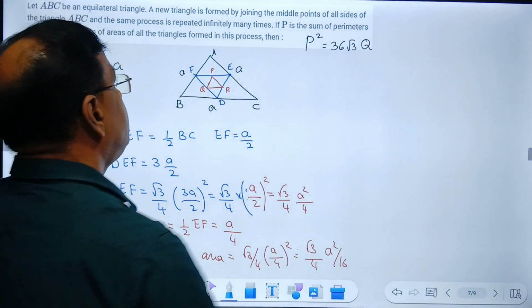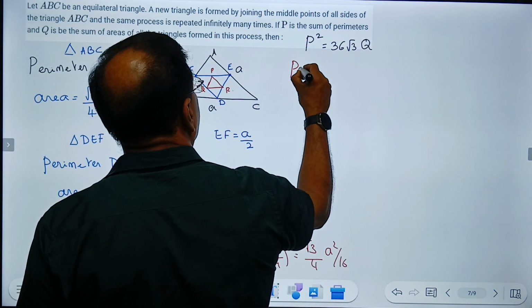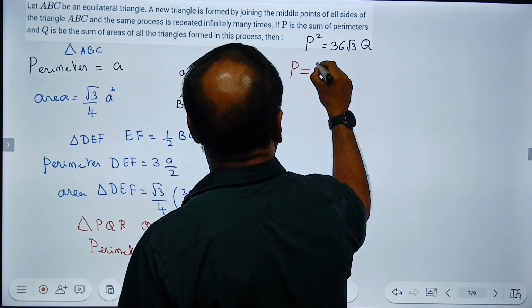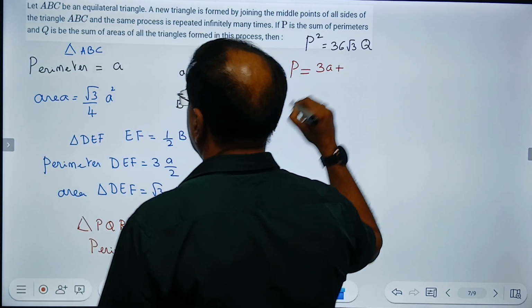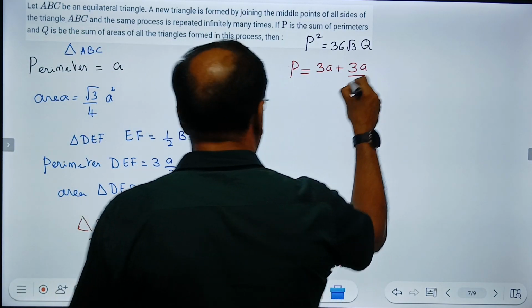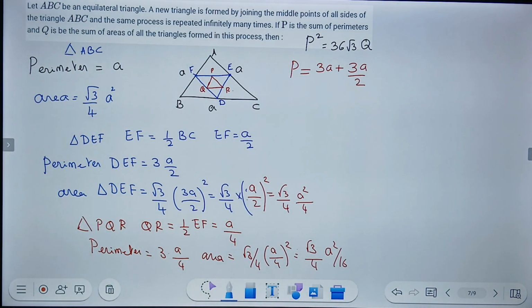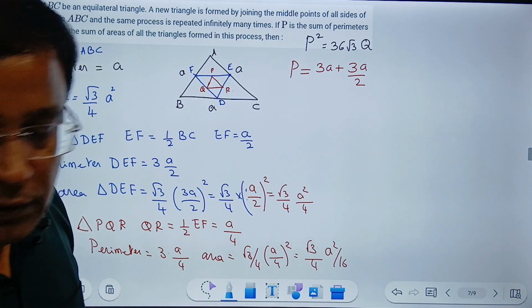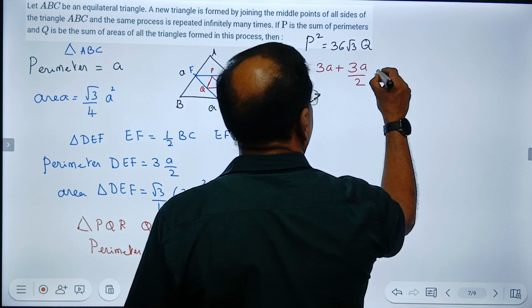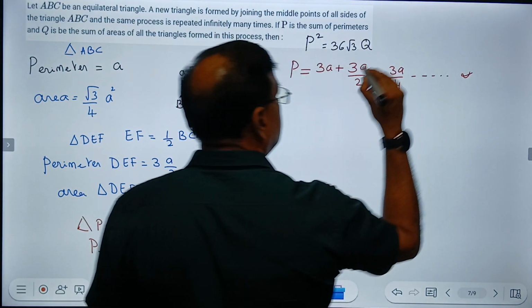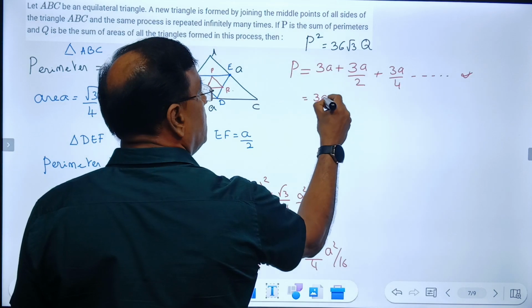Now it says P is the sum of all perimeters. So what is my first perimeter? My first perimeter is 3A. The second one, for the second triangle, is 3A by 2. And for the third triangle, the perimeter is 3A by 4, and so on. It goes on to infinity. So can I take 3A common?